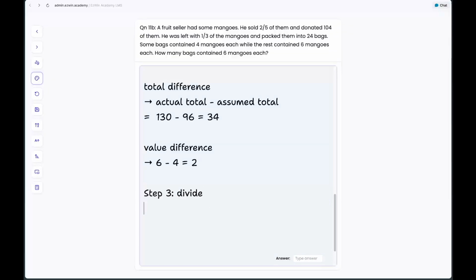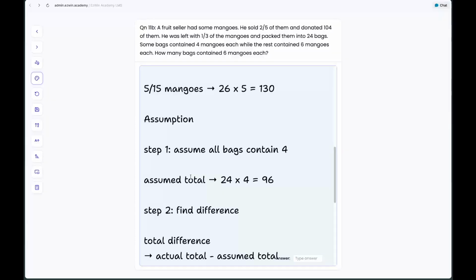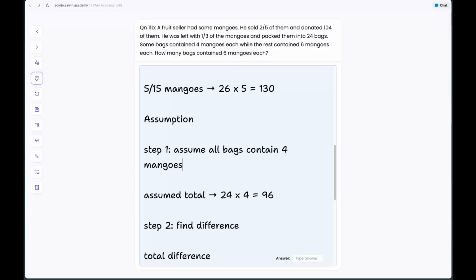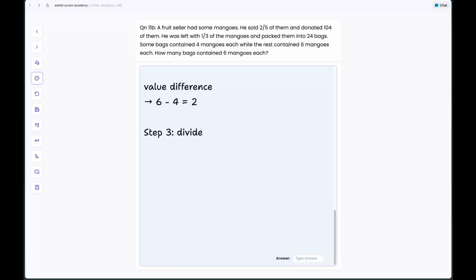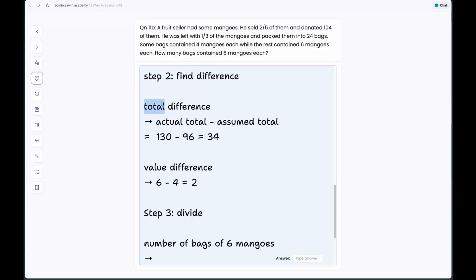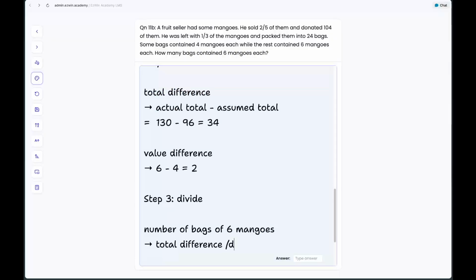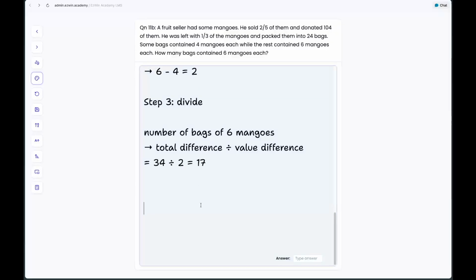Lastly, we want to divide, since our assumed total contains 4 mangoes each. When we divide the total difference by the value difference, we get the number of bags of 6 mangoes. That is 34 divided by 2, and this will give us 17. And that is the answer.